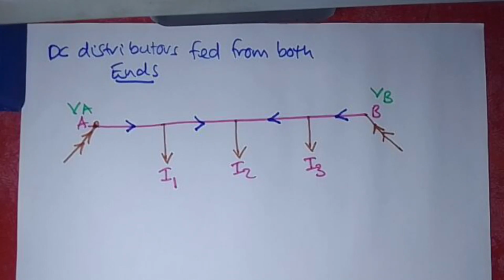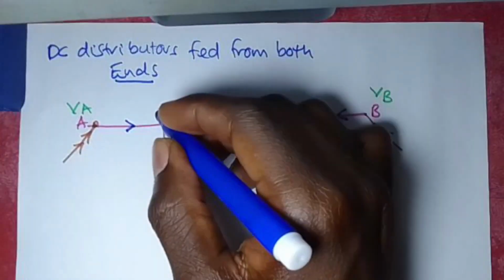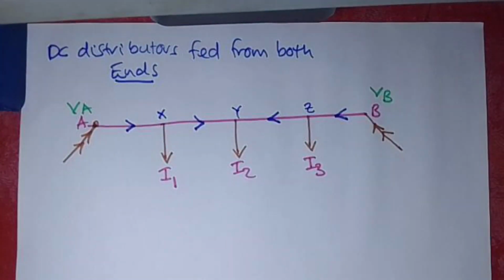After knowing that, we can have points, maybe this is A, B, and let me call these points X, Y, and Z.